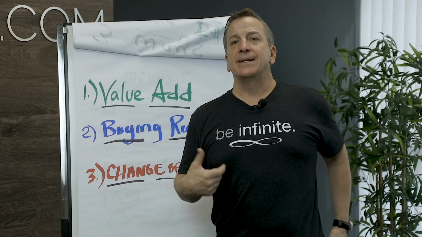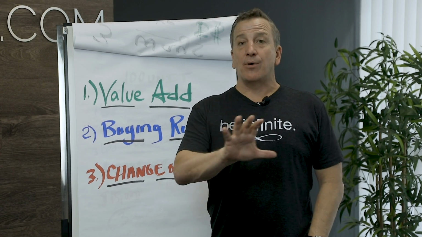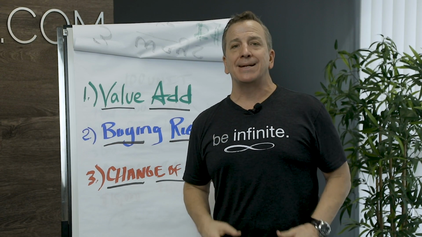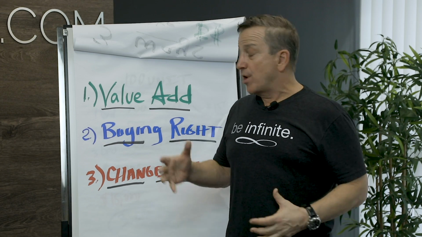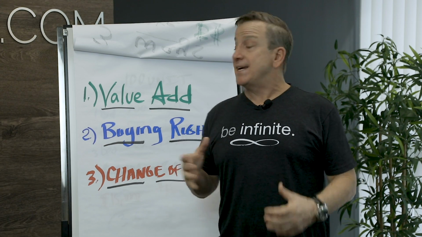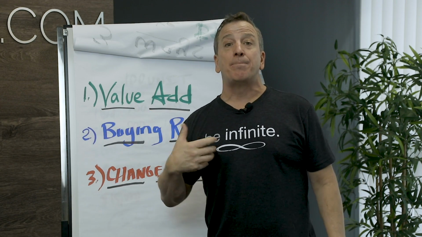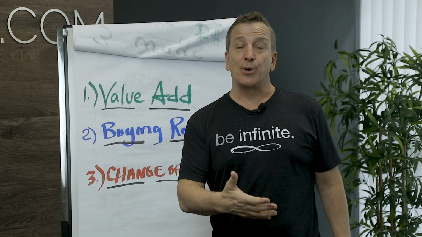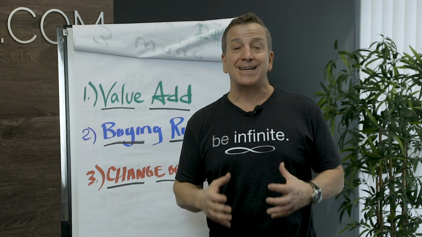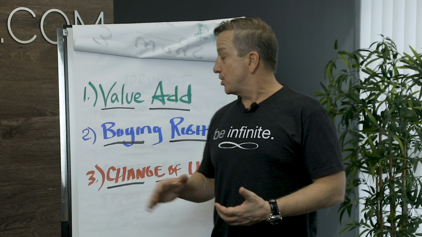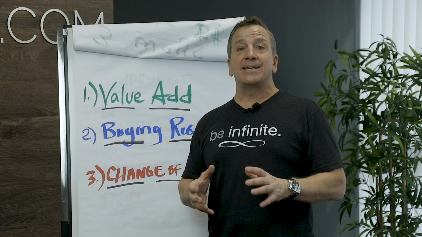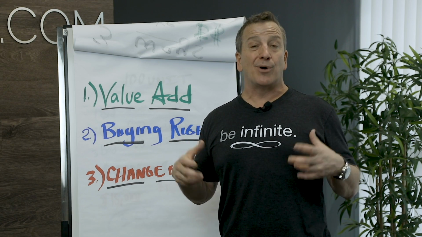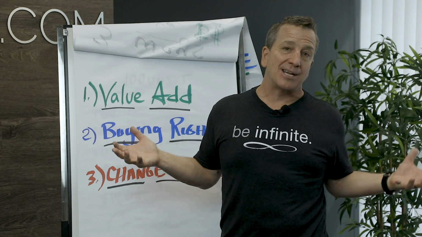So here's an example. Now, I'm not talking about a value add now, okay? So we bought a property in Dallas, Texas, that when we bought it, it did not have a value add component to it, okay? In other words, we couldn't put $2,000, $3,000, $4,000, $5,000 into it and get more rent. So we were buying it based on a very good cap rate and a very good price per pound, which is cost per foot.